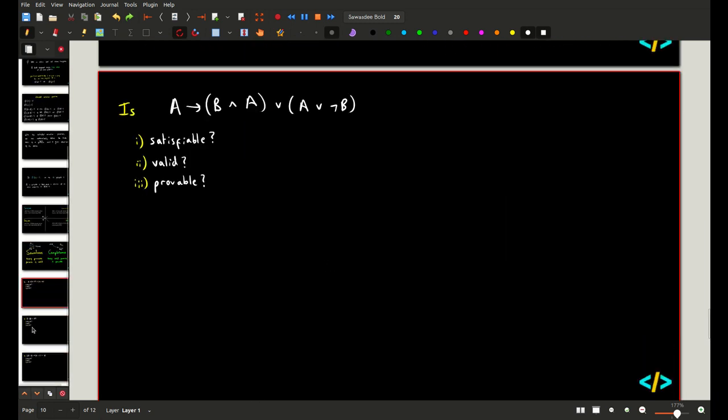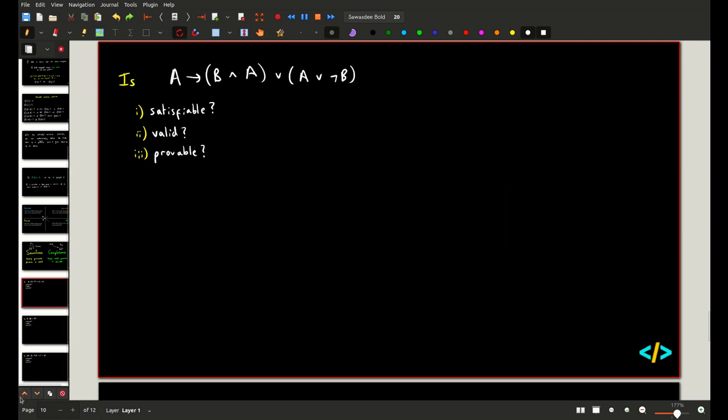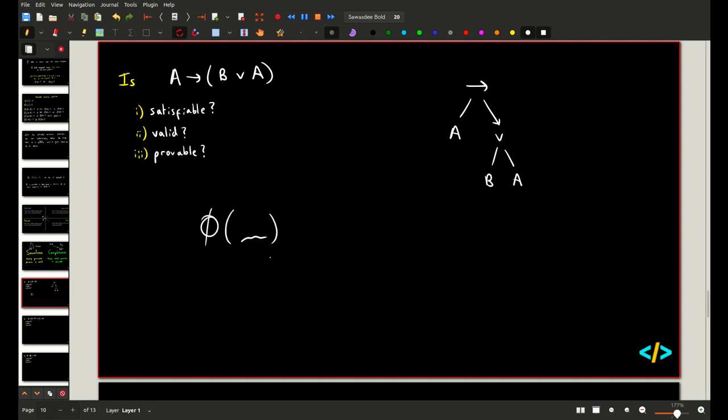Okay, I wanted to try a few questions. Let's do A implies B or A. If we drew out a sort of parse tree for this, it would look something like this. We want to break it down into smaller chunks, because we know phi can only take in one thing.